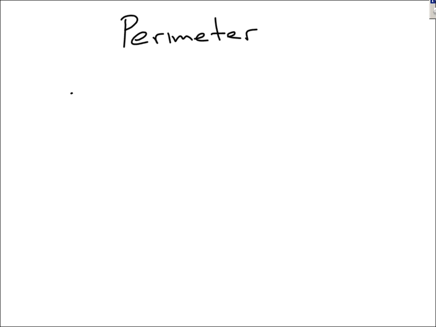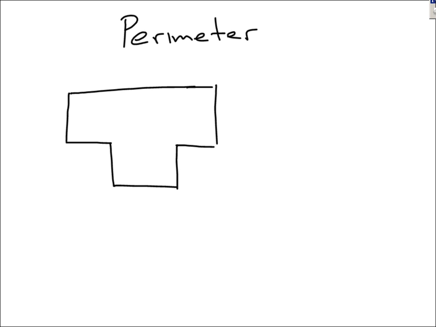For example, if you were asked to find the perimeter of something that looks like this, the perimeter would be this distance plus that distance plus this one plus this one plus this one plus that one plus this one plus this one.